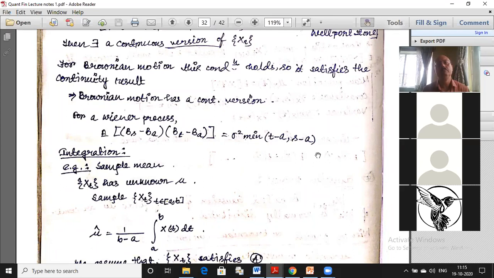Is this result clear? Because we have already said that increments over disjoint intervals are independent. So basically all I need to do is take the common part, which is minimum of t minus a and s minus a. There it will be the variance, and that variance is sigma square. If you are talking about the standardized version, then I will just take sigma square equal to 1.